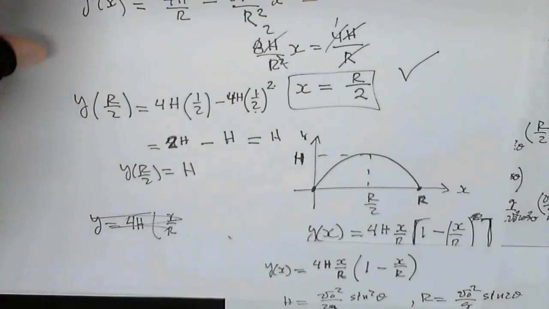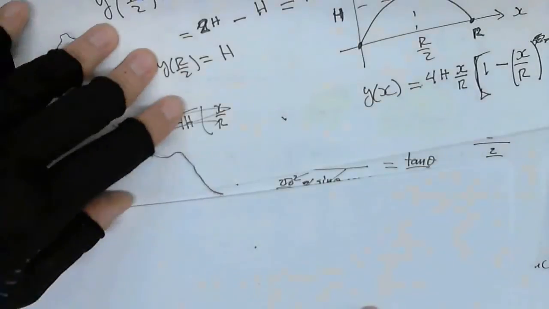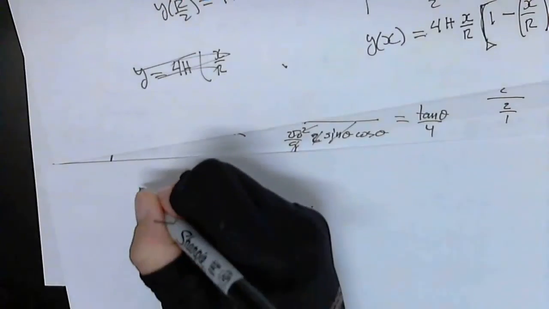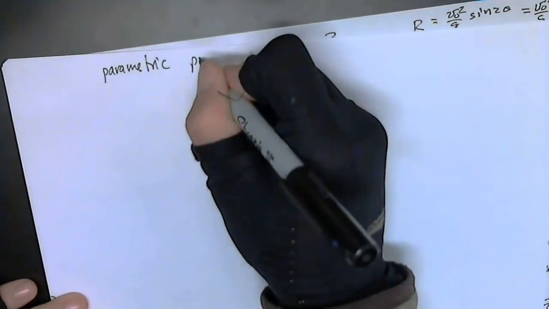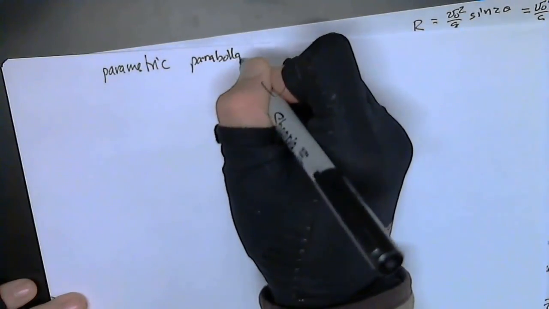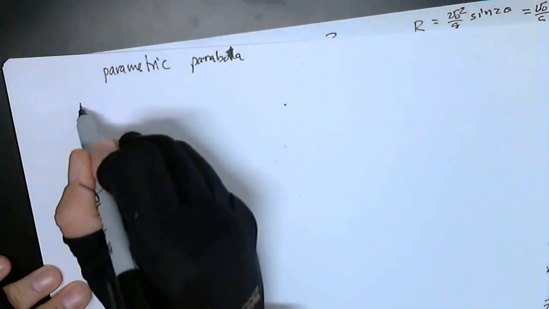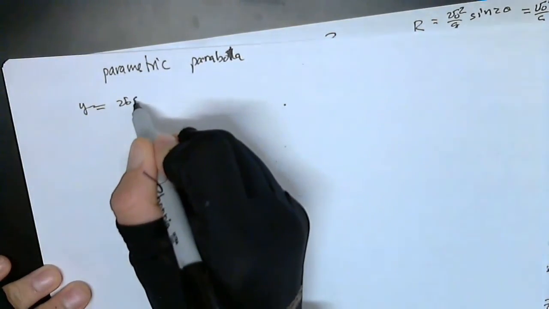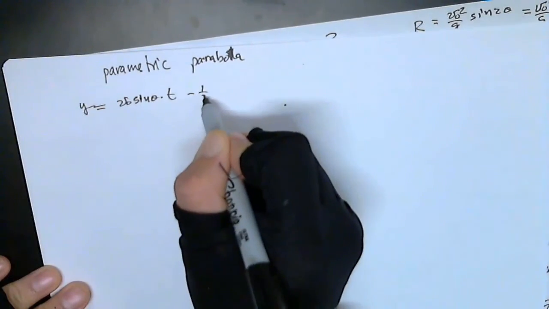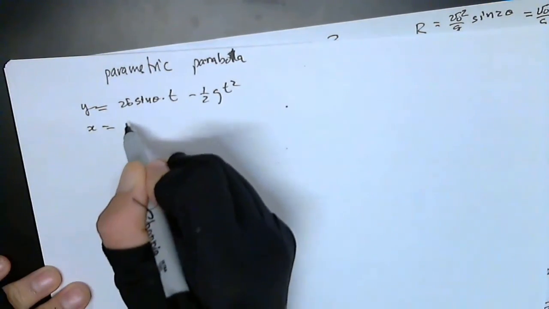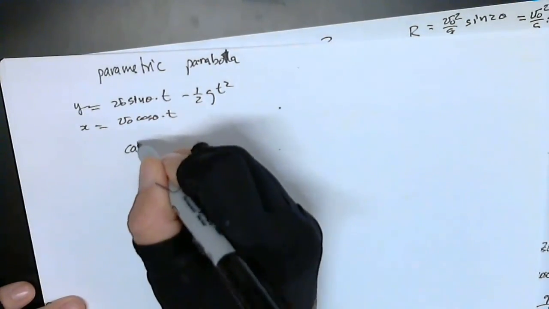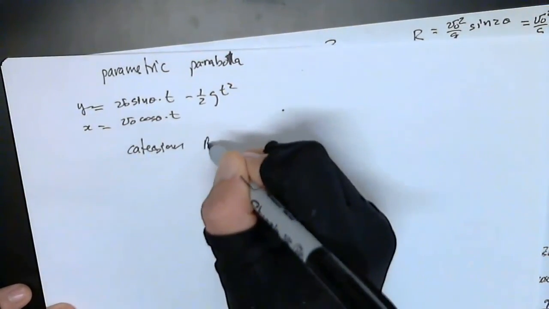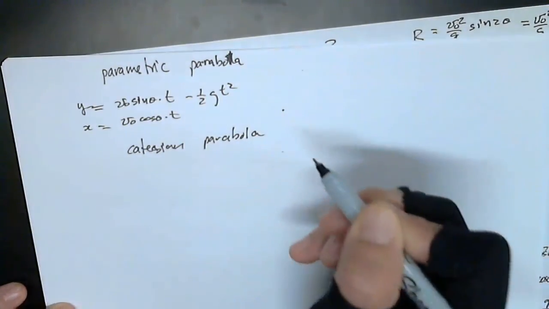So in summary, this is the parametric parabola.